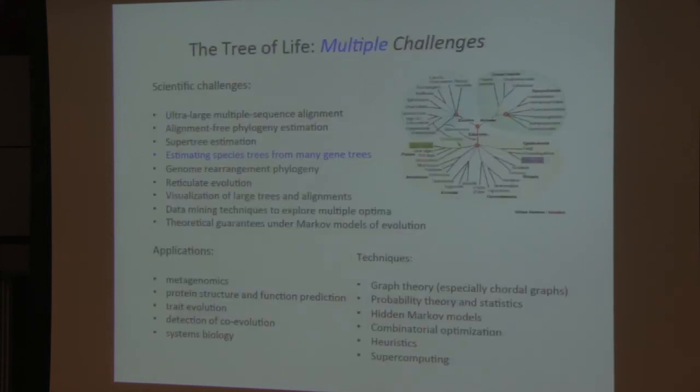So, the tree of life has multiple grand challenges. I've only been talking about one, but everything in that list is worth working on. How to get large-scale trees, how to get trees on millions of species, how to get multiple sequence alignments, how to get trees without going through multiple sequence alignments. All of this is available using different kinds of computer science and math: graph theory, probability theory, hidden Markov models.